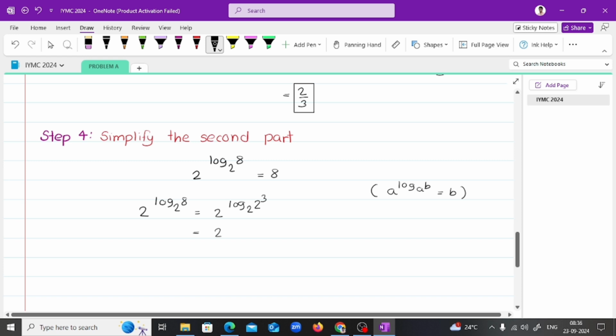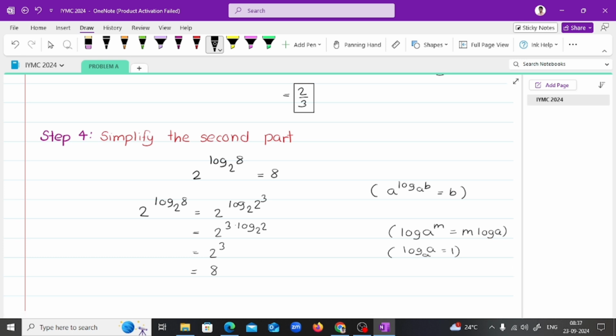But we know that log of a raised to m can be written as m into log a, so we can write it as 3 into log 2 to the base 2, and we know that log a to the base a is always 1. Okay, so 2 raised to 3, which is nothing but 8. So the simplified value of the first term from the second bracket is 8.